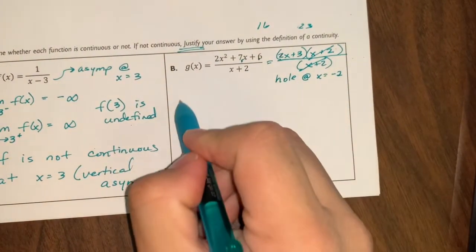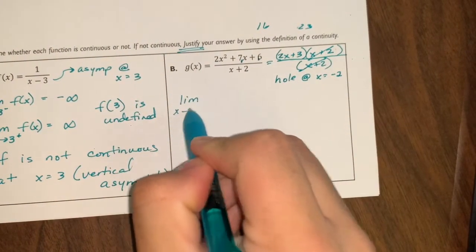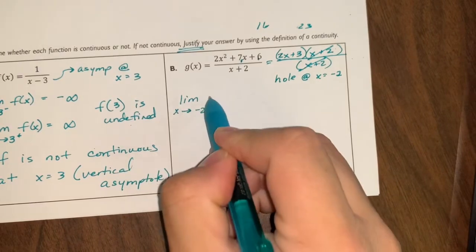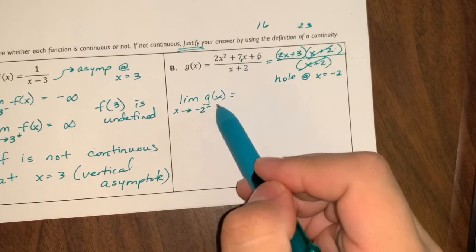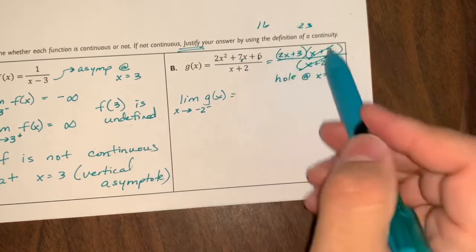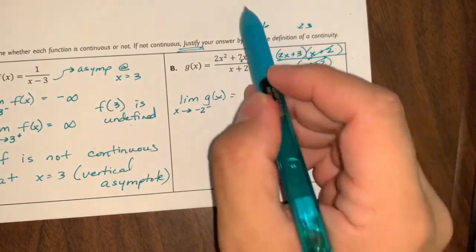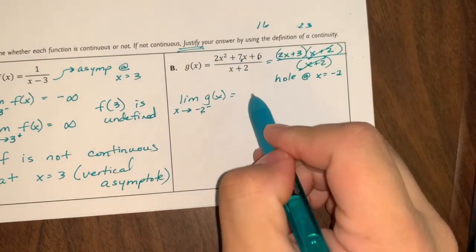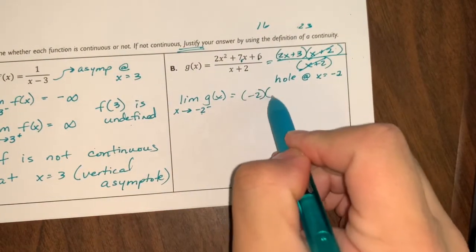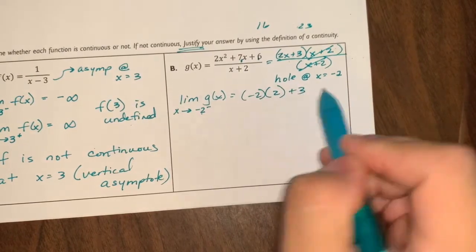So first of all, I'm going to double check the limit as x approaches negative 2. Let's do it from the left first. If I plug in negative 2 into this, it's going to be negative 2 times 2 plus 3, right?